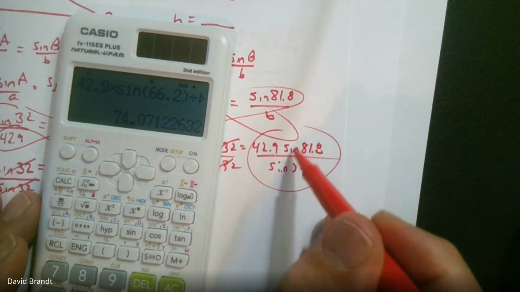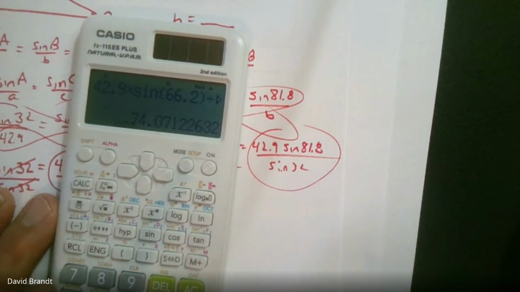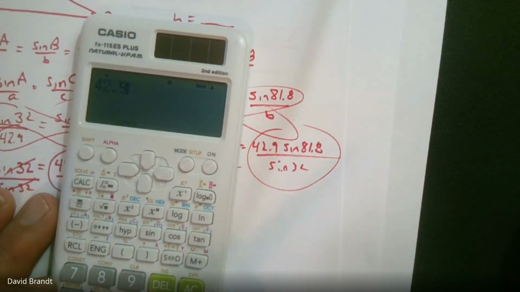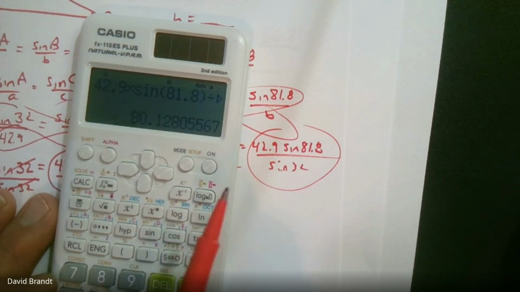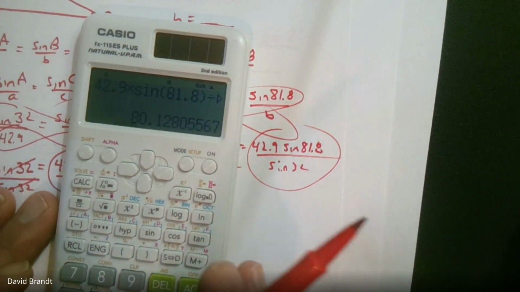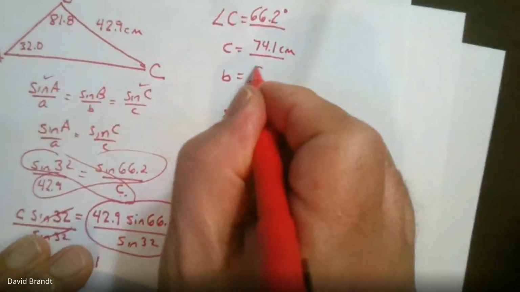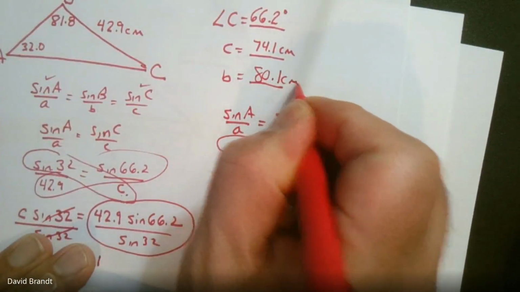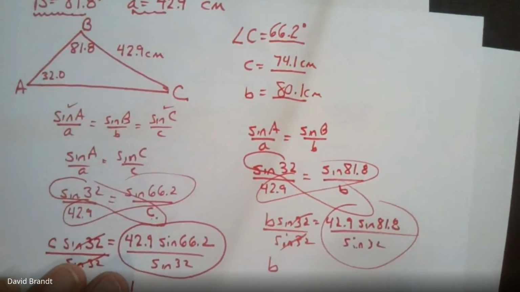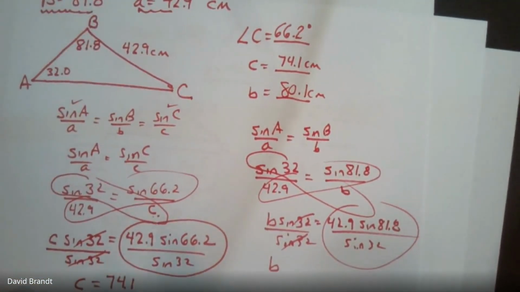I think the only thing that needs to be changed is the 81.8. But 42.9 times sine of 81.8, close the parentheses, divided by sine of 32, close the parentheses, equals. Looks like side B is 80.1 centimeters, and we have solved that triangle using the law of sines.